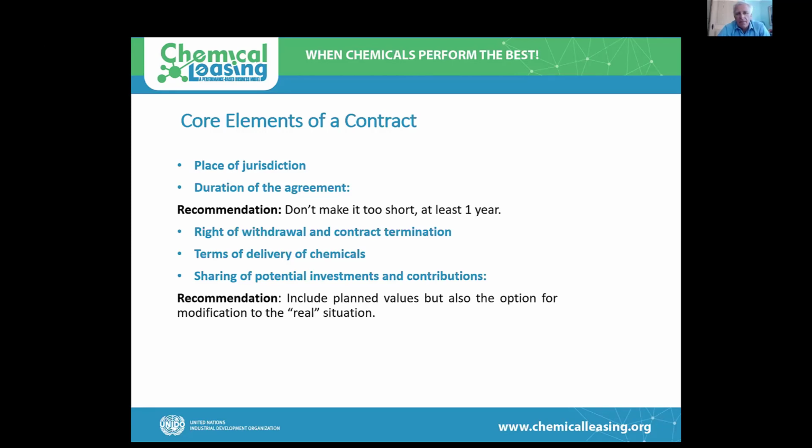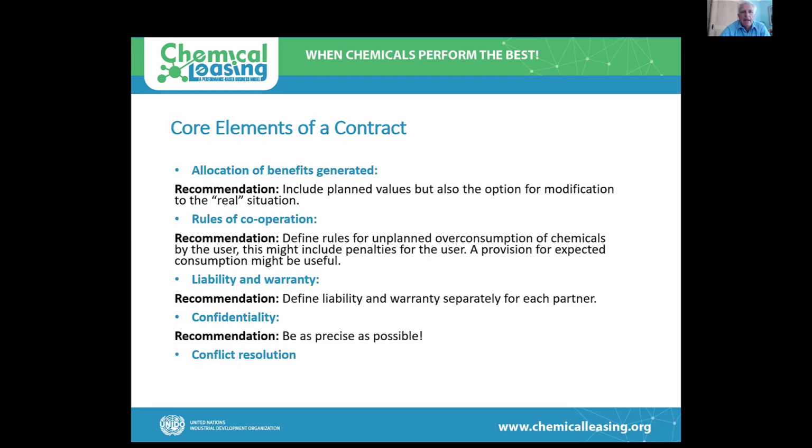And our recommendation here is to include planned values about who is doing what and what the different contributions are, but open it up for the option to modify to the real situation, to have a bit of a living contract, not everything written in stone, but flexible based on how the situation of the collaboration develops.